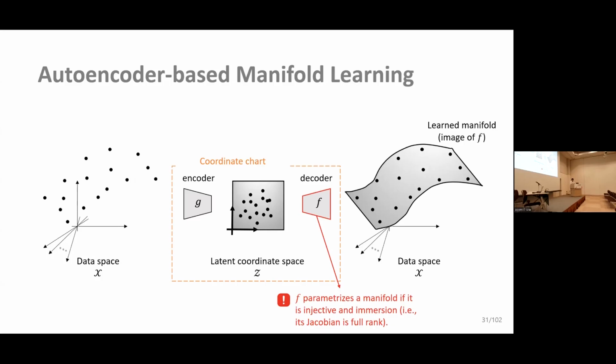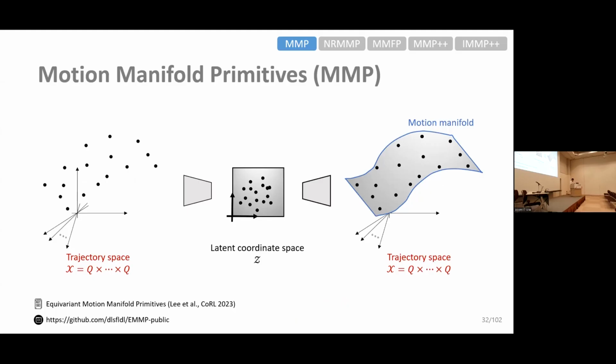That's why we often say that an autoencoder learns the manifold and its coordinate chart simultaneously. Now we can apply this autoencoder framework to our trajectory dataset, and we define motion manifold primitives. The decoder parameterizes the motion manifold embedded in the trajectory space.